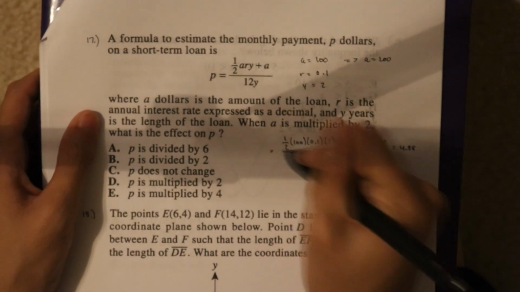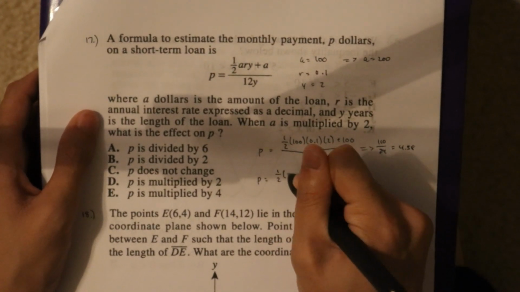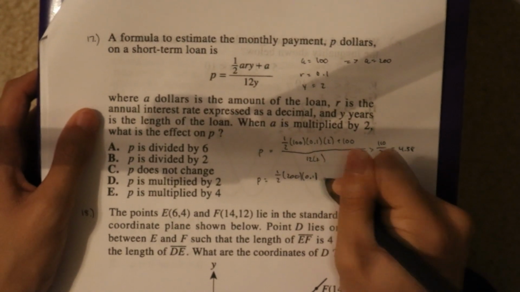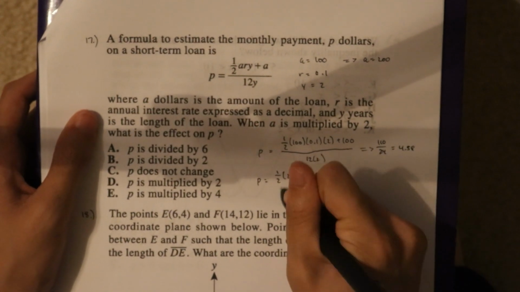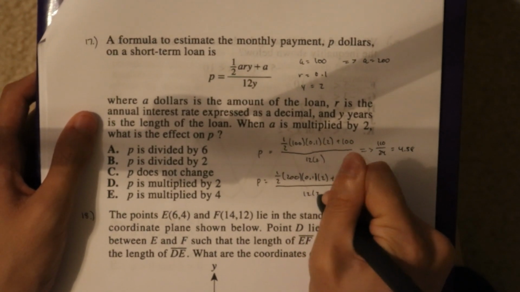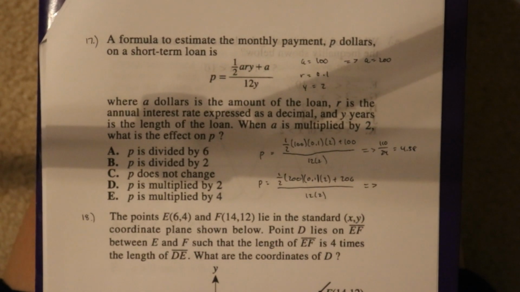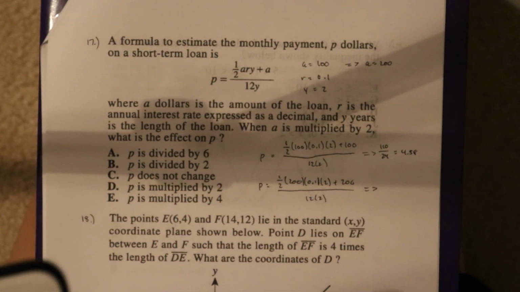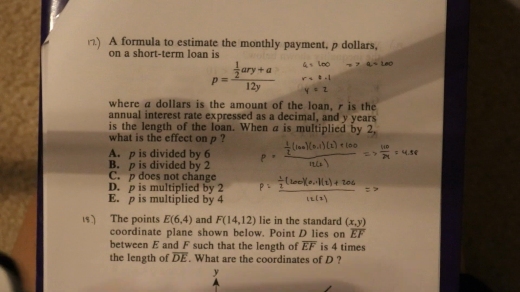So equal P, write that down. So now we have P is equal to now 200 times 0.1 times 2 plus 200 divided by 12 times 2, and I'm gonna plug this into the calculator again. 0.5 times 200 times 0.1 times 2, so it's 20.